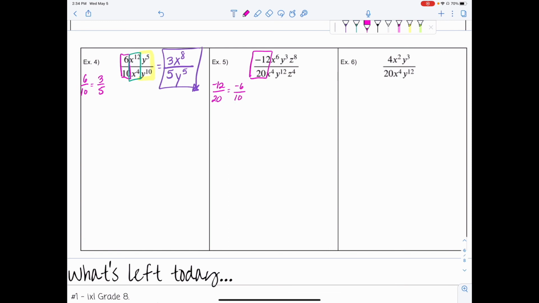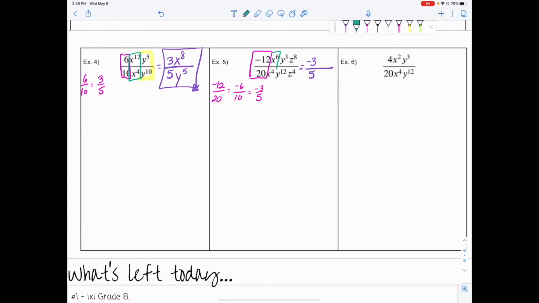We can continue to simplify. We could again divide them both by 2, and we get negative 3/5. Some people recognize from the beginning that they could divide by 4. The important part is that you completely simplify your fractions. So here we're going to have a negative 3 in the numerator and a 5 in the denominator.